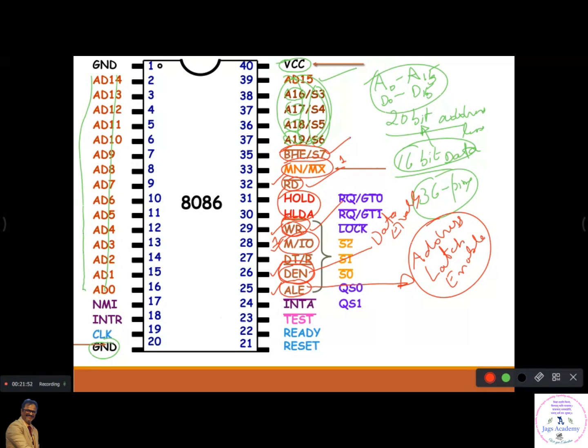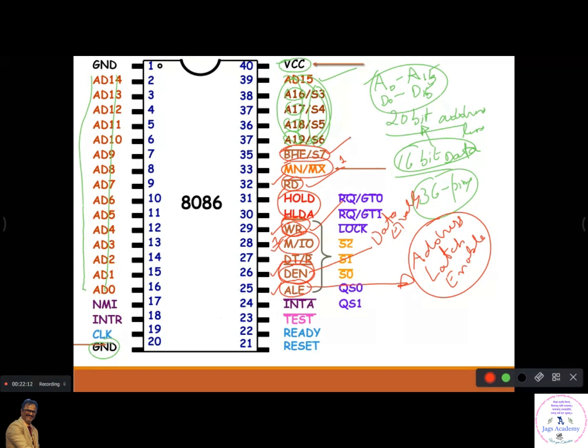In such cases, you may want to take control of the higher data lines, the higher bit data lines. What are the higher bit data lines? The data line is 16 bits, right? What is the higher bit data line and what is the lower bit data line?